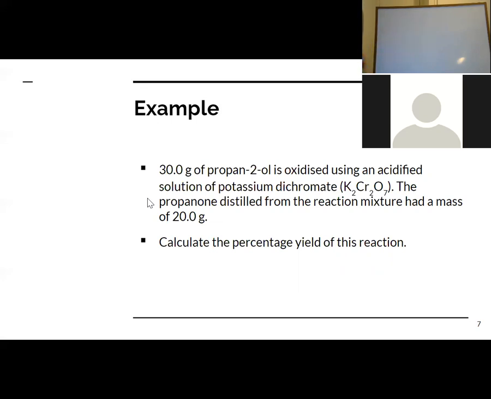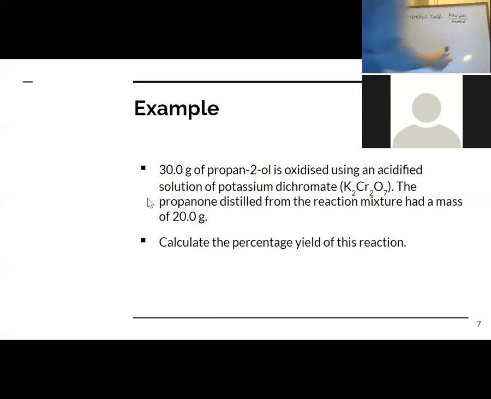It is mixed with potassium dichromate and we get 20 grams. So our theoretical yield is 30, and the actual yield over the theory.